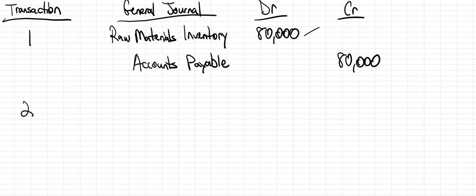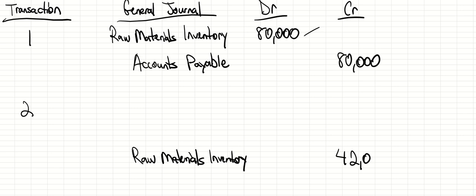So since raw materials inventory of 42,000 was used, we're going to now credit raw materials inventory for 42,000. We used it up, so we took it out of the inventory account of raw materials, which is why we're crediting it to reduce the balance in that account.